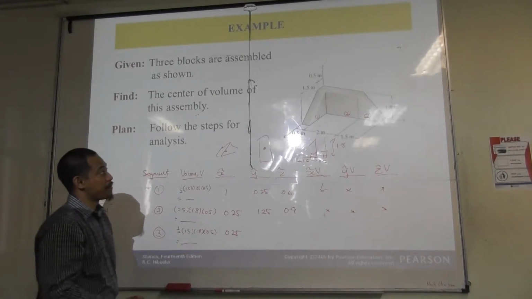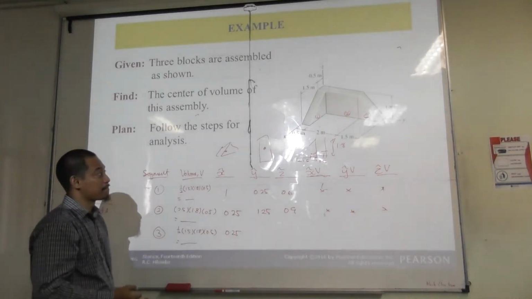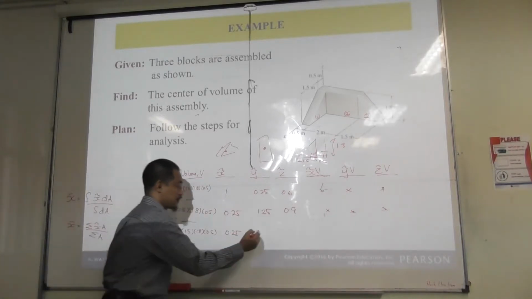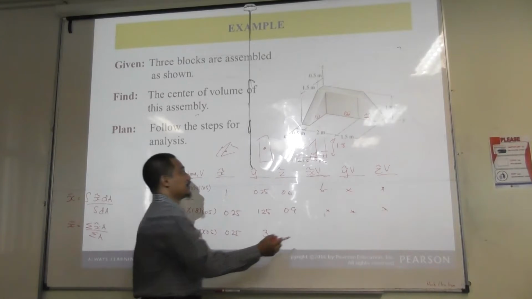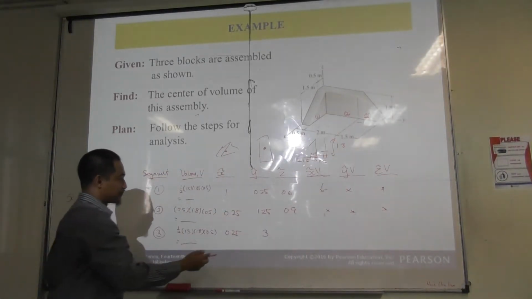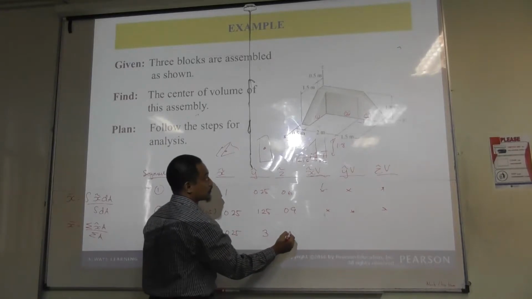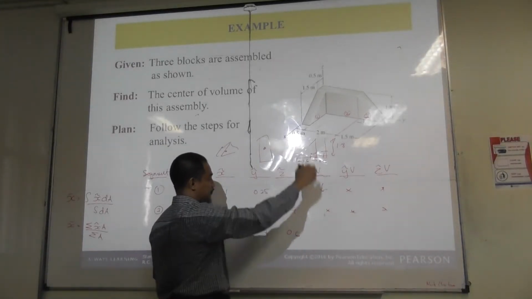Y coordinate: correct? How do you get it? This one should be 0.5 and 2 and 0.5, the whole coordinate. Z: 0.6, which is 1/3 of 1.8.